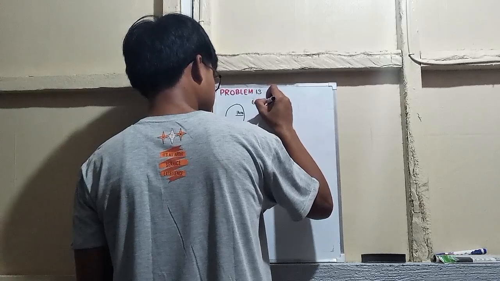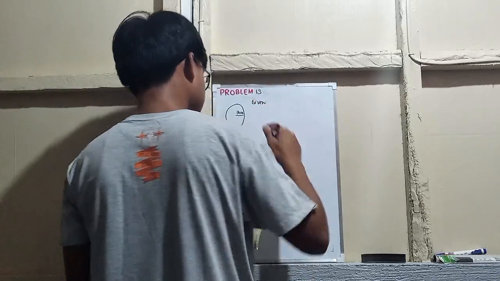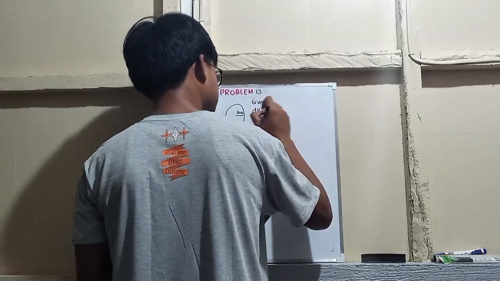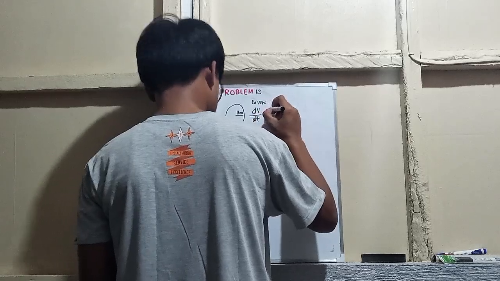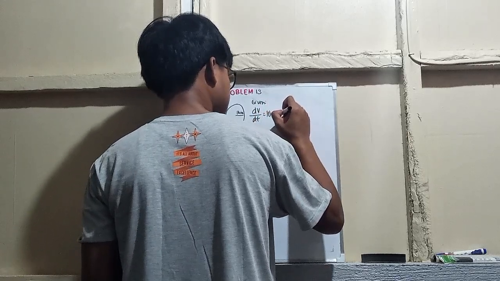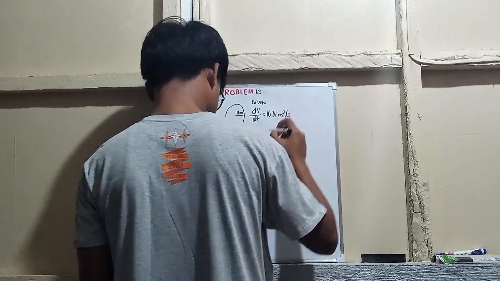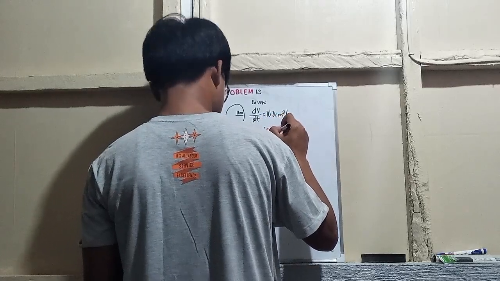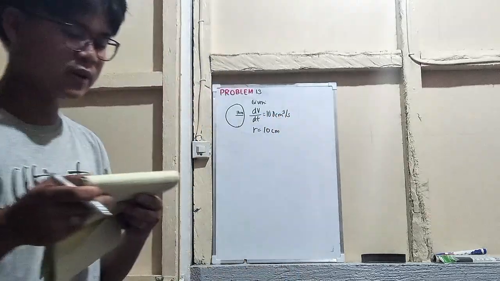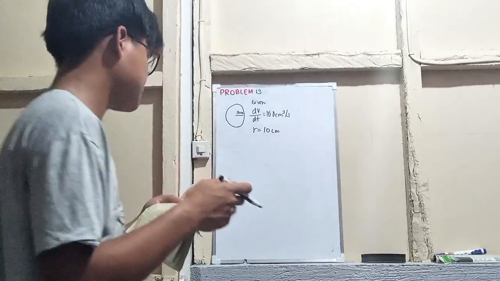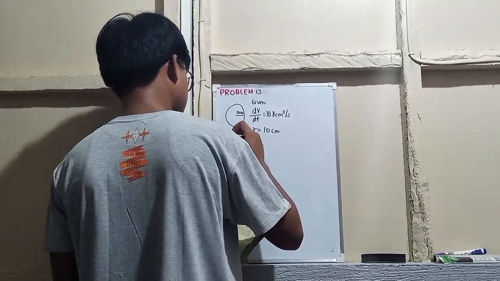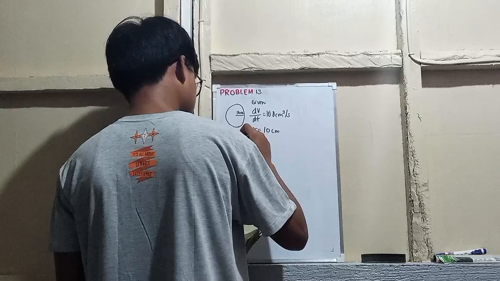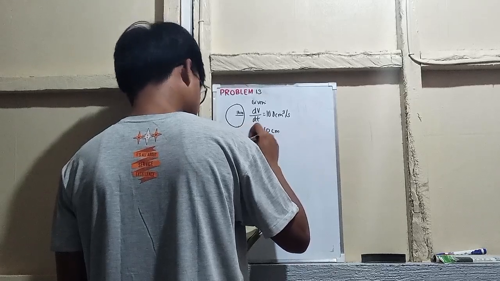Our given is the rate of our volume is 100 centimeter cubed per second. The radius is 10 centimeter. So we all know that the formula of sphere when it comes to volume is equal to 4/3 pi r cubed.